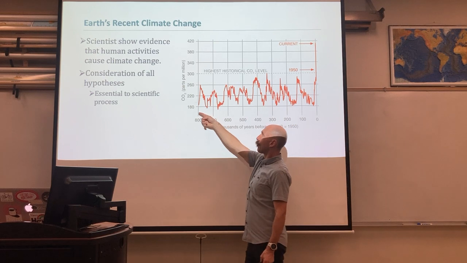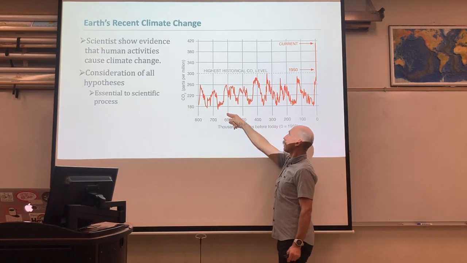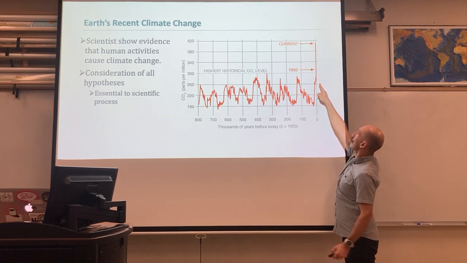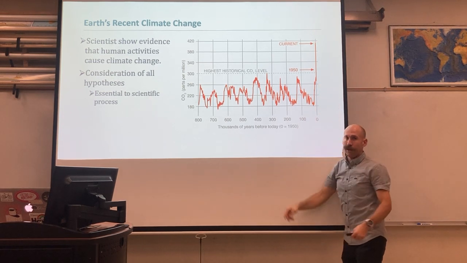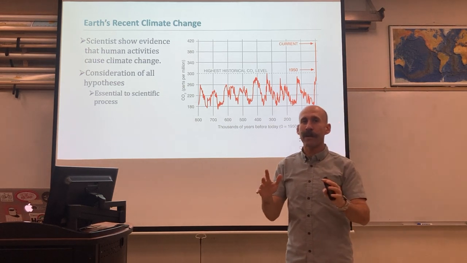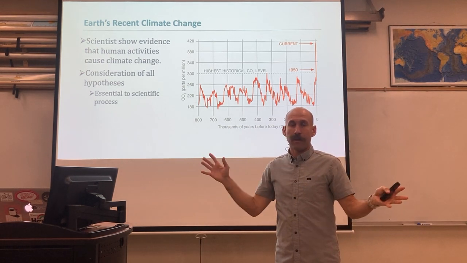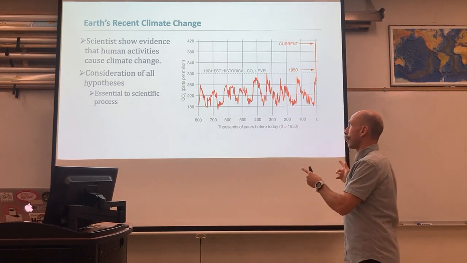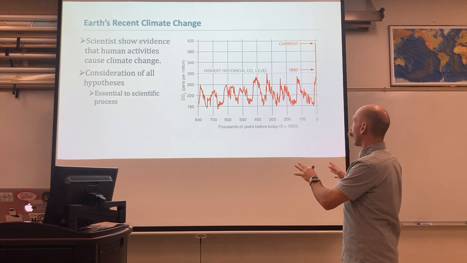And what do we see? We see a natural variability of carbon levels. To now, zoom, skyrocket. So in the last 800,000 years, we have never seen atmospheric carbon this high, ever, according to the records from ice cores.